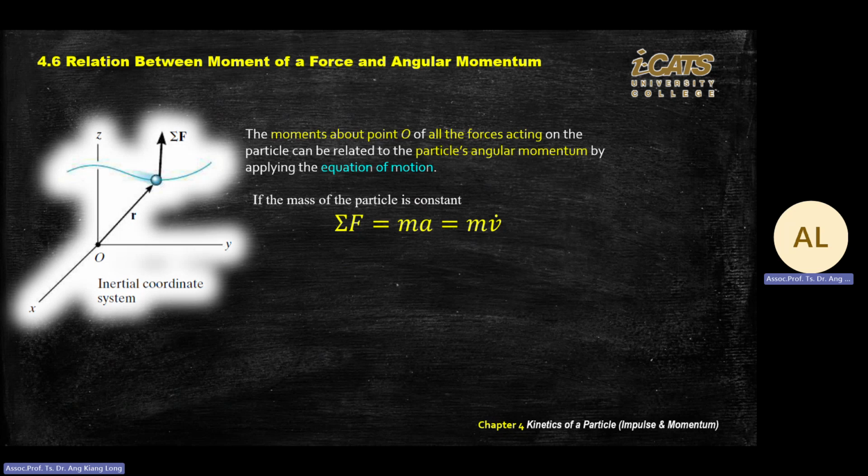We have the sum of F here, and there's a distance R from the origin to the particle. So we start deriving because in chapter 4, you are not interested in acceleration, you're interested in velocity. So you link all the terms that you can find in the question into velocity.